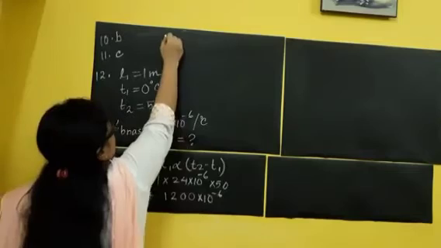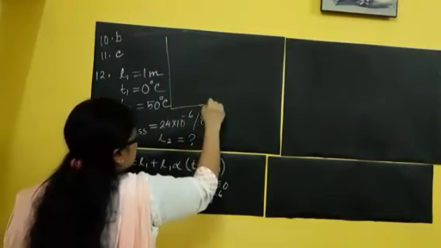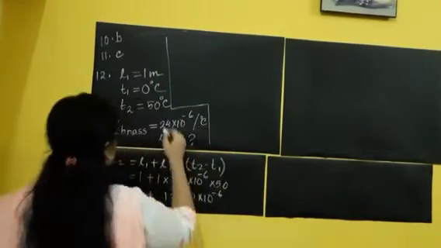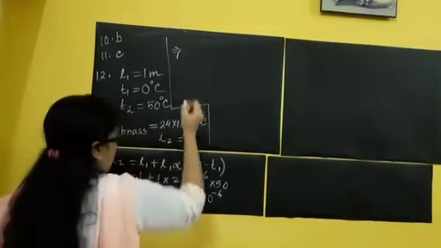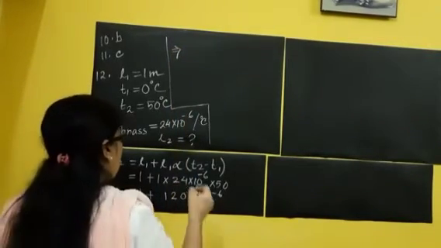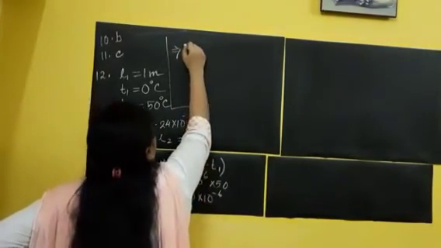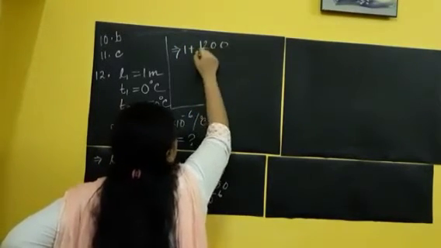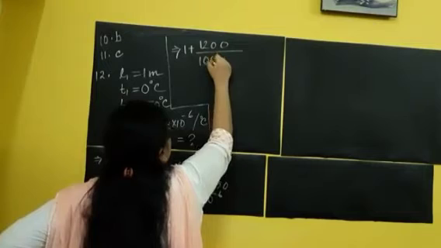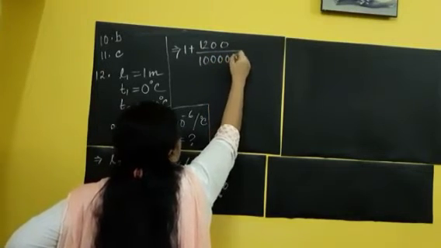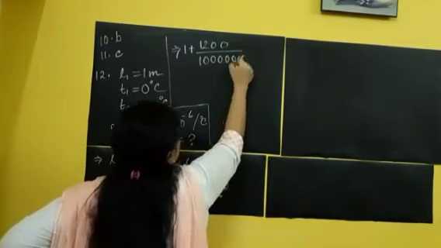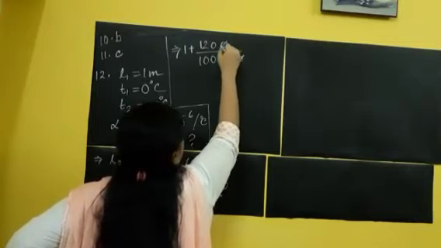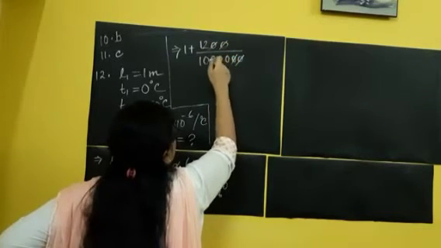So that is equal to 1 plus 1200 by 1 2 3 4 5 6. So this 0 cancels out, this 0 cancels out. That is equal to 1234 plus 12 whole divided by 1234.